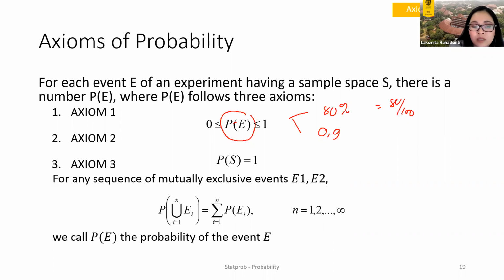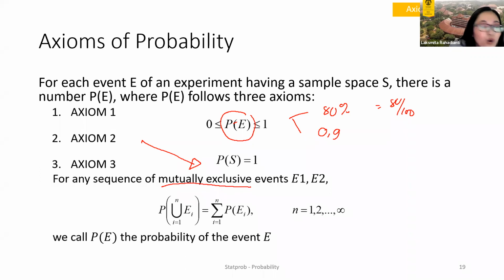And note that the probability of the sample space is 1, which means that the sum of every event should equal 1.